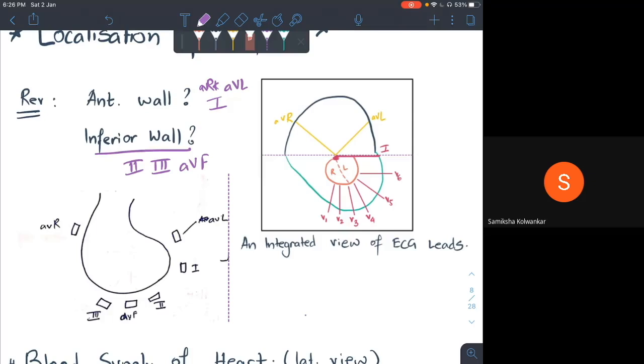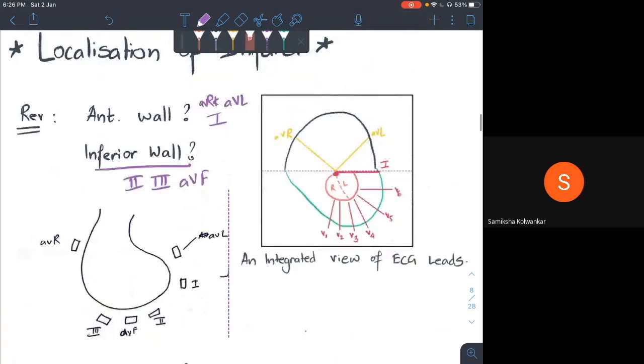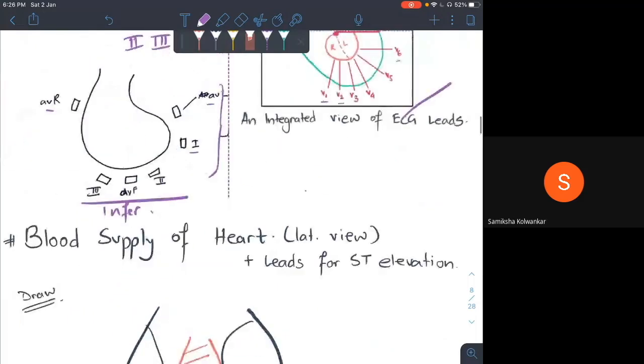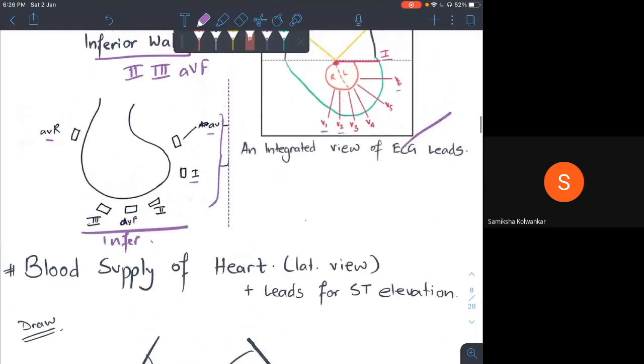If you had to look at the heart in a cross-sectional manner, AVR, AVL, and 1 are in that frontal plane, and all the chest leads, V1 to V6, are in the transverse plane, right? So AVR, AVL, and 1 are looking at the frontal plane. This is looking at the inferior wall of the heart, and the other chest leads are looking at it in the transverse section.